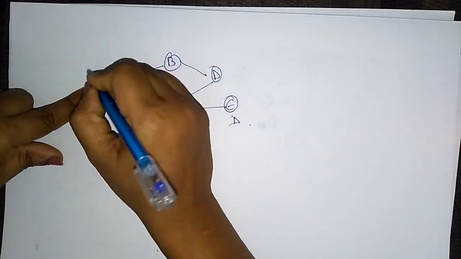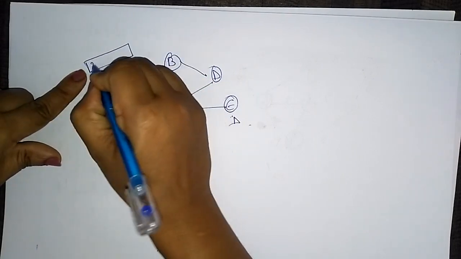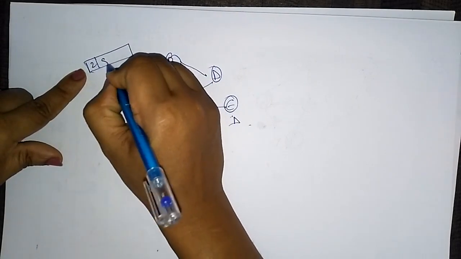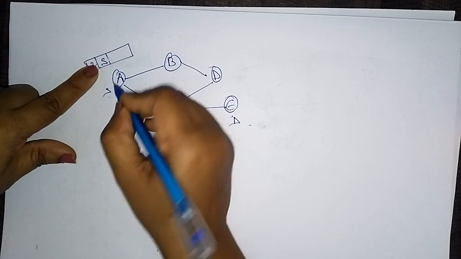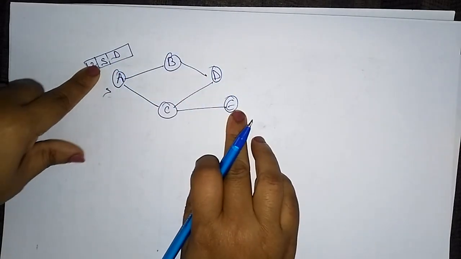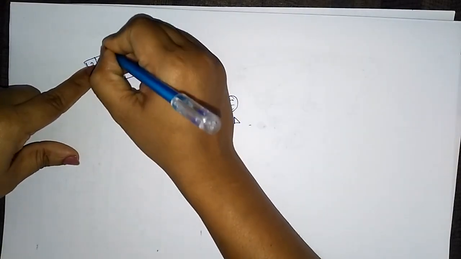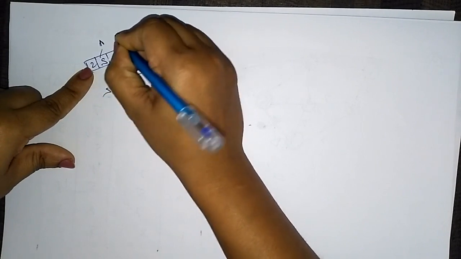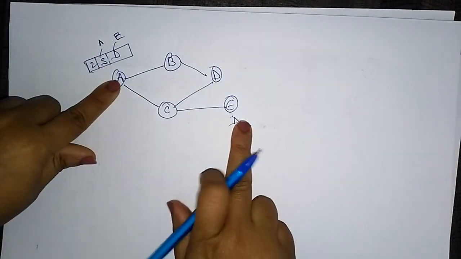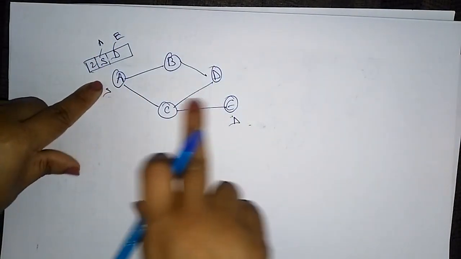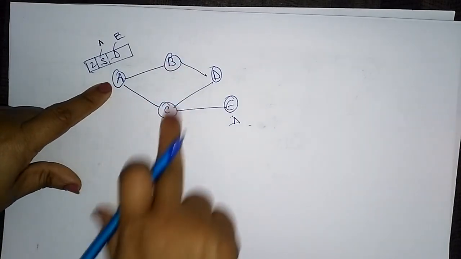The packet has a unique ID, the source and the destination it has to reach. Here the source is A and the destination is E. So A has to reach E. First it sends the information to all the neighboring nodes.